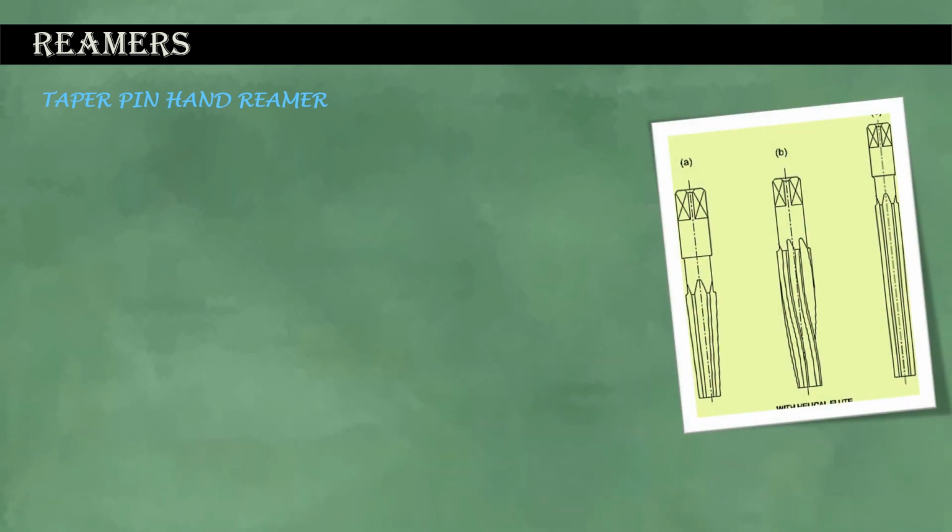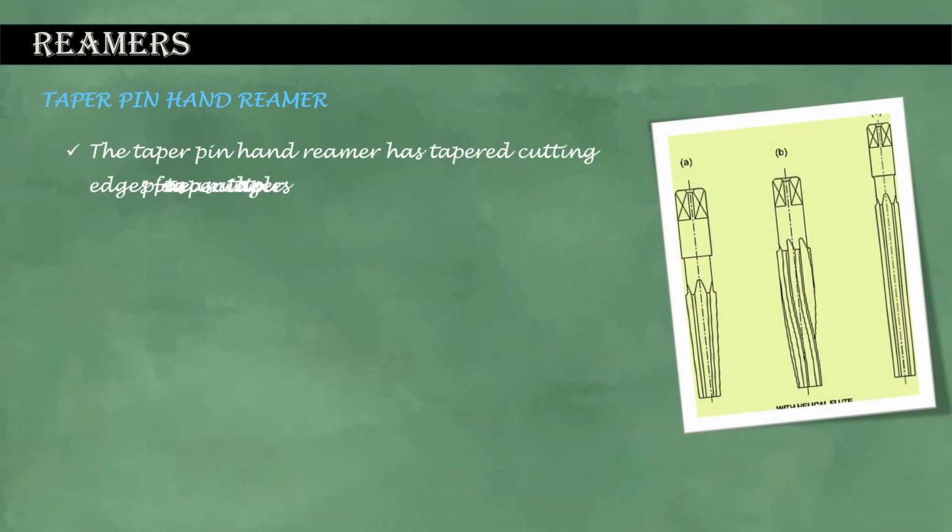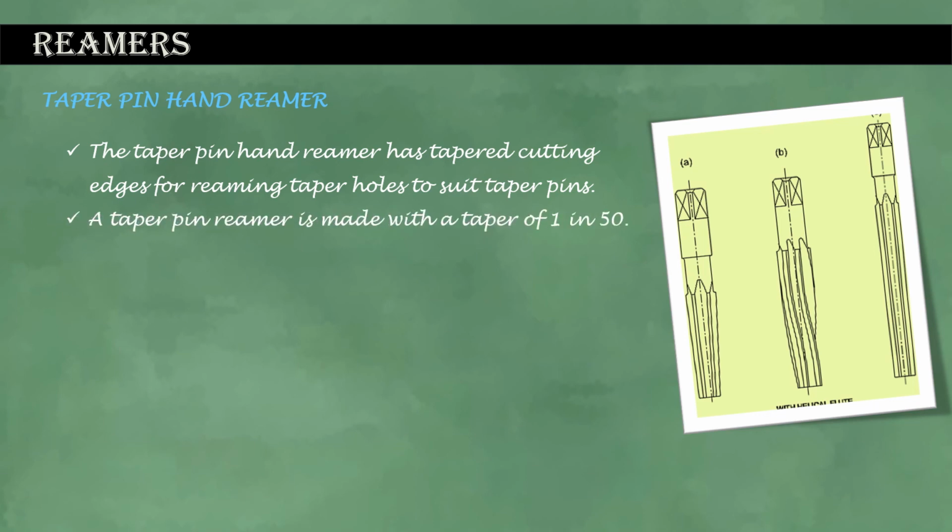Taper pin hand reamer. The taper pin hand reamer has tapered cutting edges for reaming taper holes to suit taper pins. A taper pin reamer is made with a taper of 1 in 50. These reamers are available with straight or helical flutes.